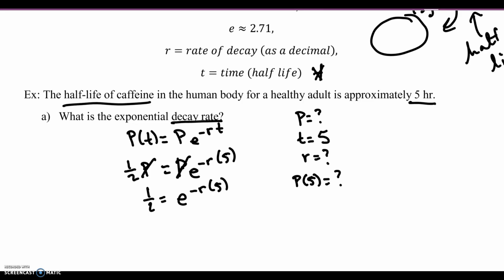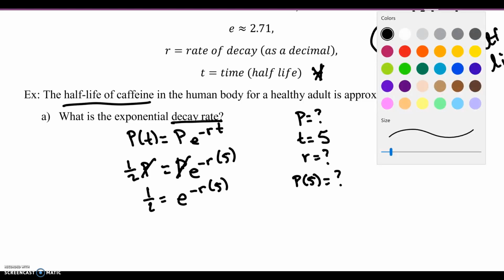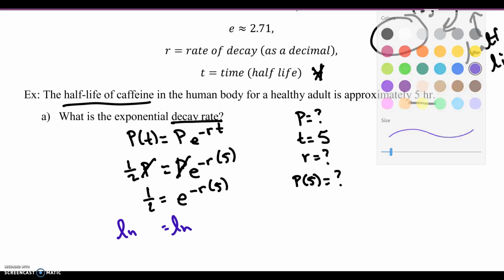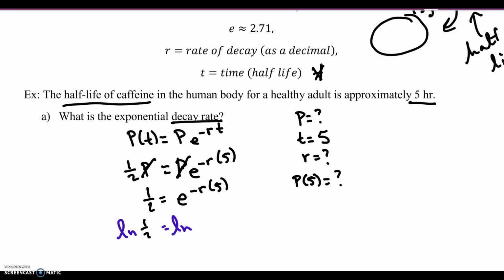Now I need to bring this negative R to the 5 power down. So I'm going to take a natural log to both sides. I'm left with ln of 1/2, and then e to the negative 5R, so this negative 5R comes to the front.